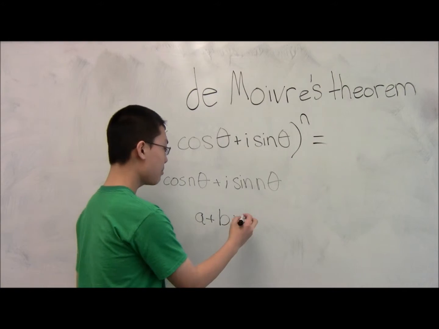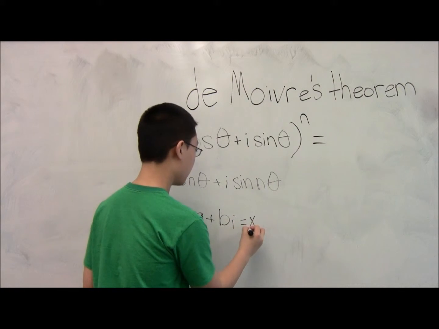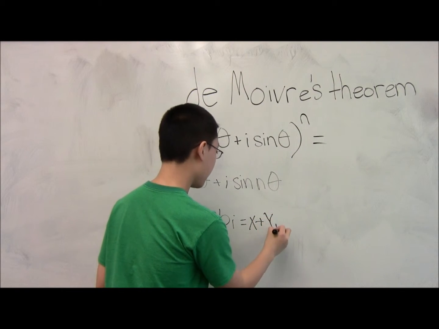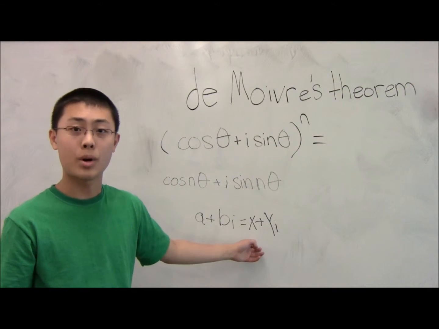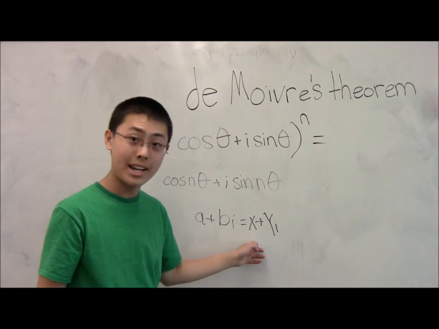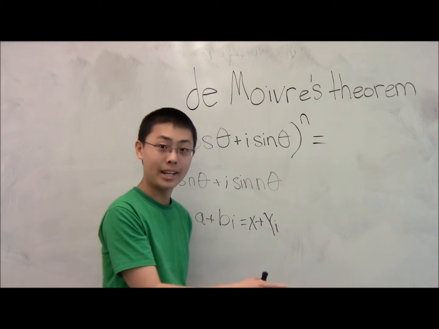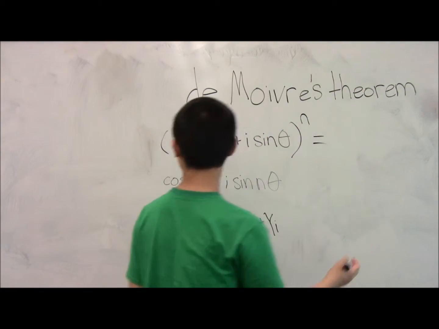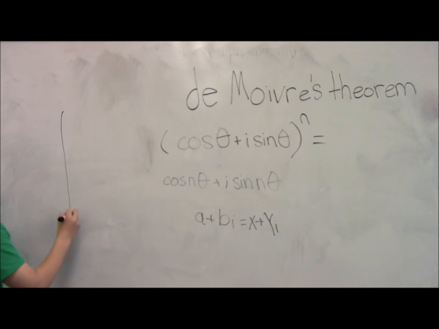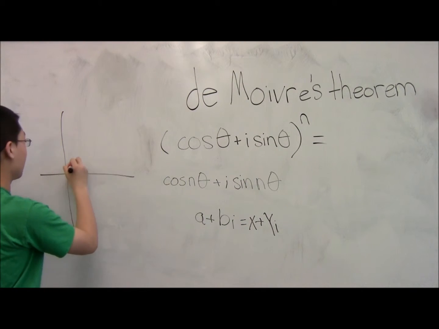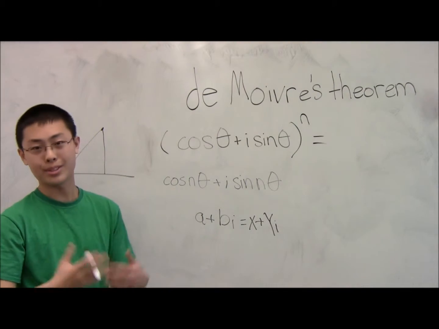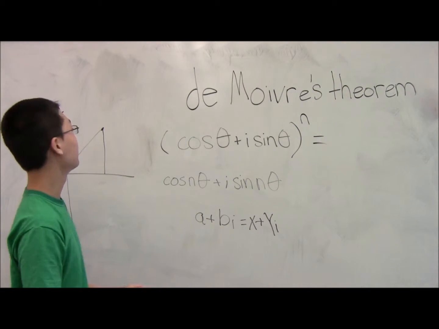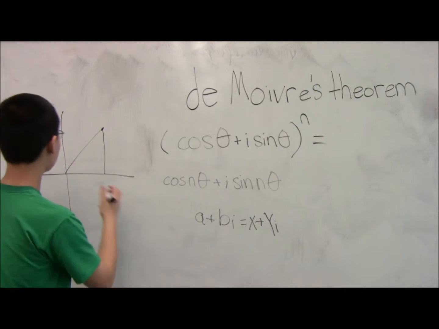Well, a plus bi can be expressed as x plus yi. Well, we can graph x and y on the rectangular plane. We're really using a triangle, we're using the trig definitions.